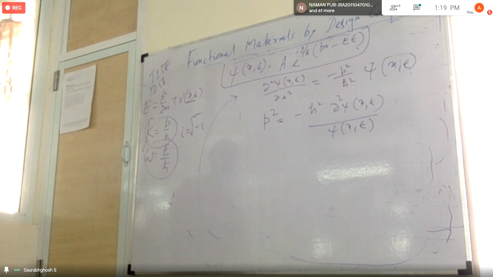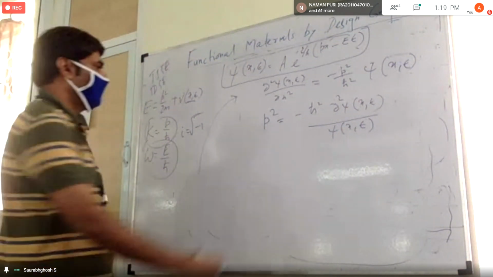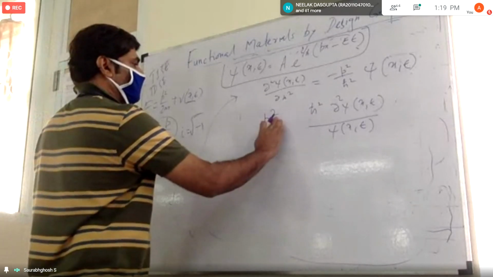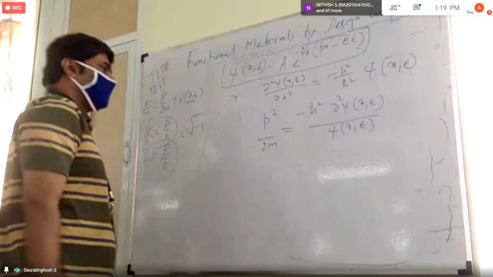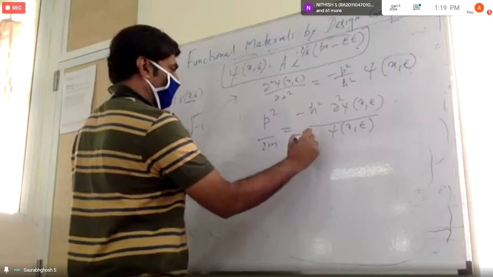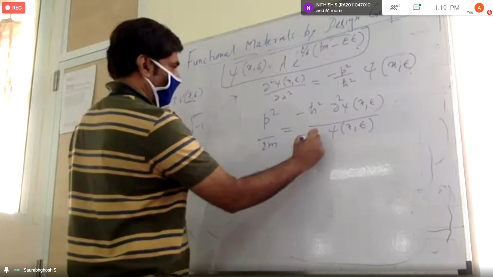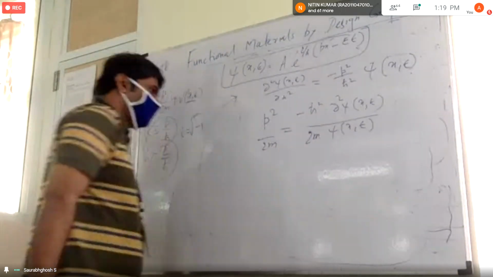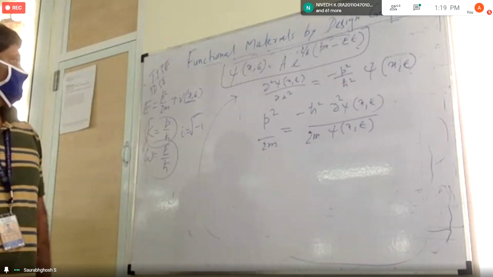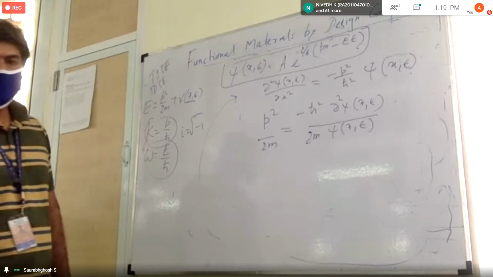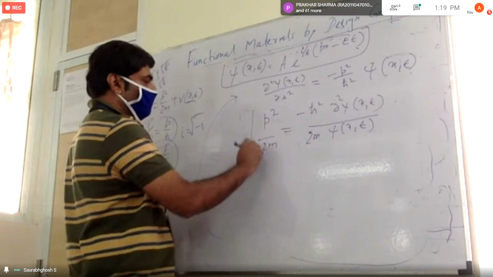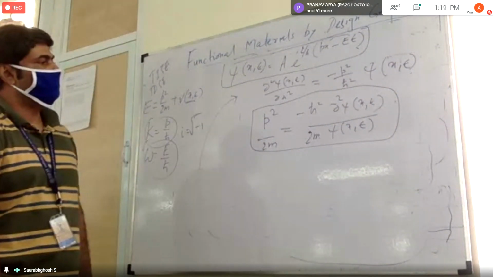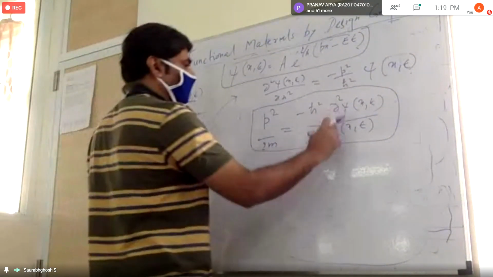Okay. So p square by 2m is equal to minus h cut square by 2m del square psi(x,t) by del x square, the second order derivative of this one, divided by psi.